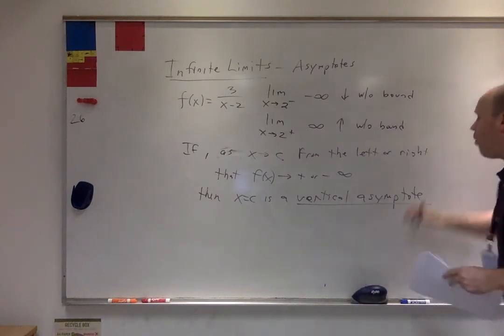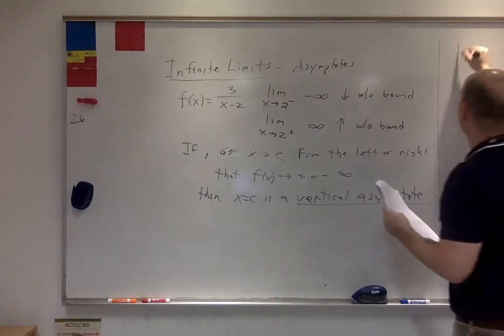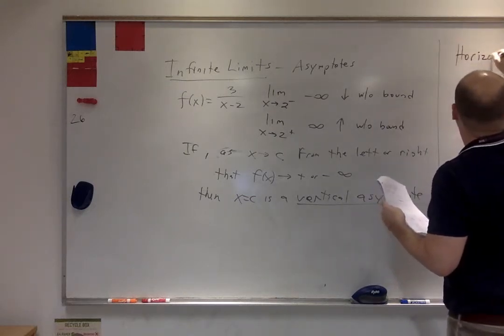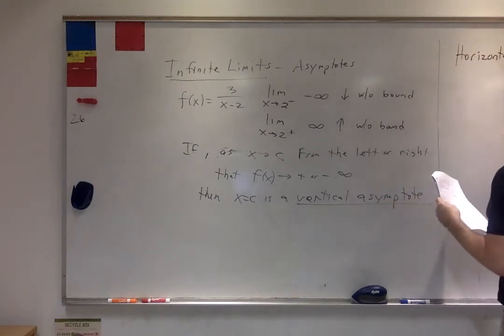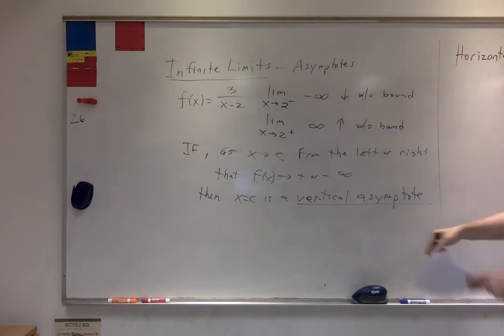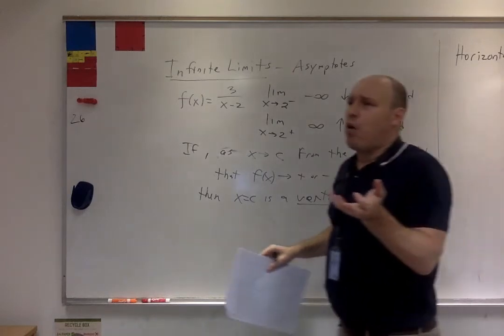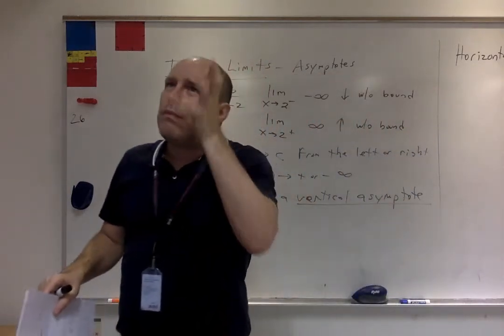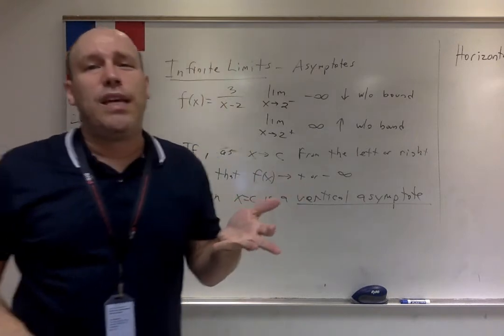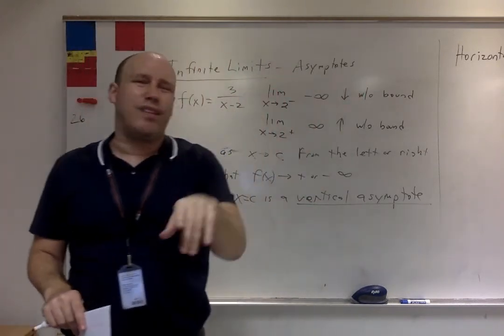The vertical asymptotes are very clear. The next thing is the horizontal asymptotes. As I said before, we're interested in approaching a point. You might say, Mr. Allen, the equation y equals x just goes off to infinity. We're not interested in that.